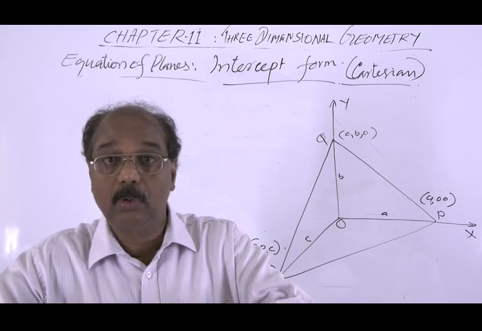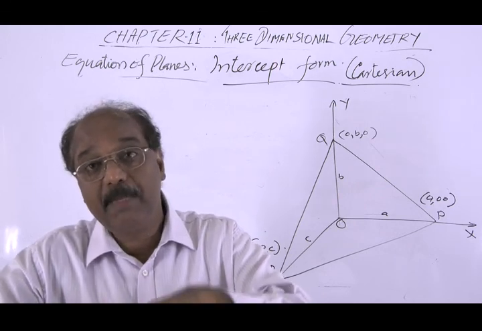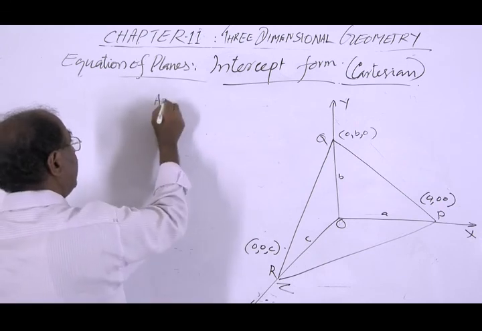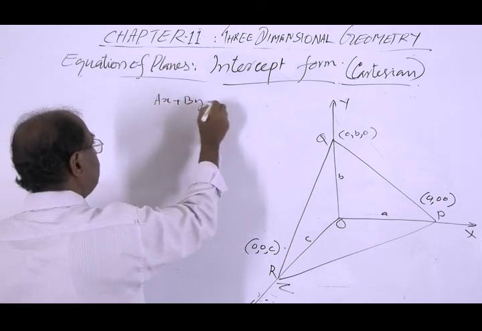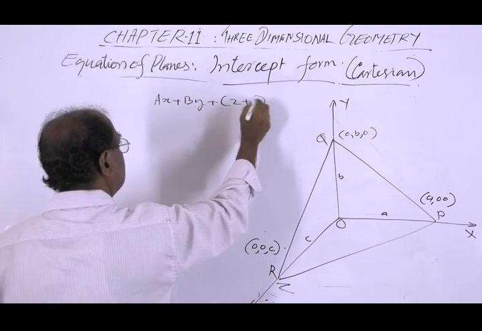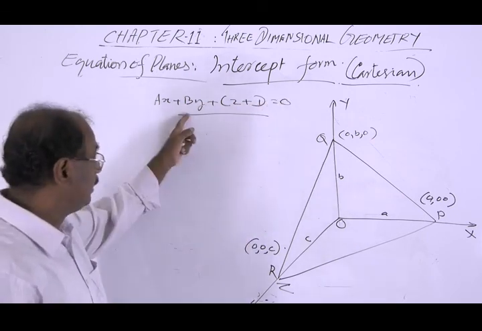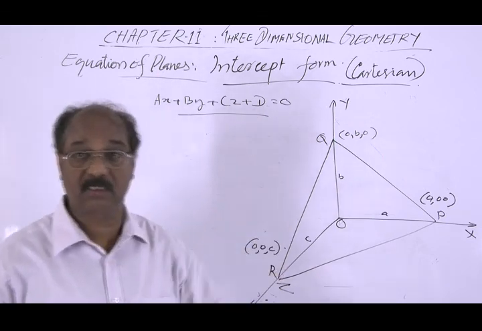Now, the equation of any plane can be taken as Ax + By + Cz + D = 0, where capital A, B, C, D are constants.